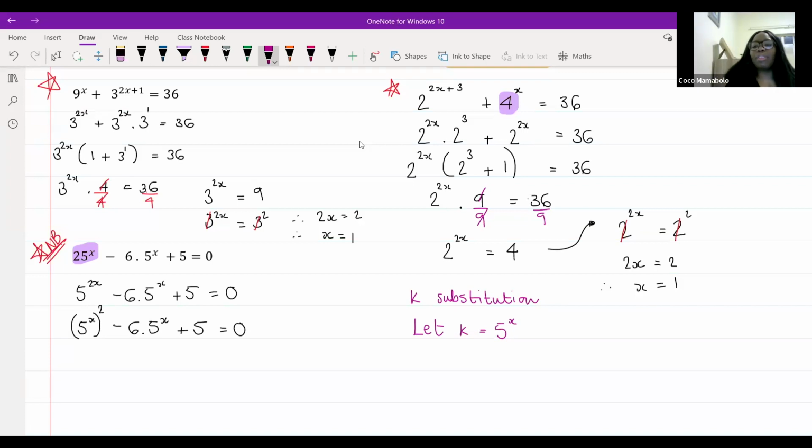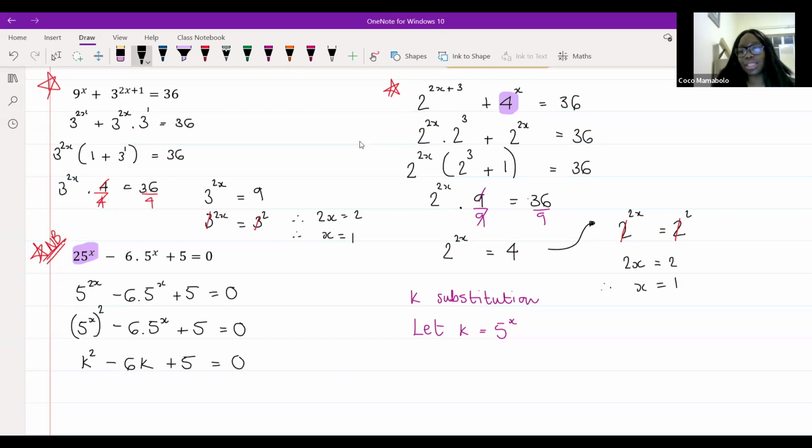All right, so wherever we see 5 to the power of x, we're going to replace it with a k. So what I'm going to get over here now is k to the power of 2, because the 2 was already there, minus 6 times k plus 5 is equal to 0.